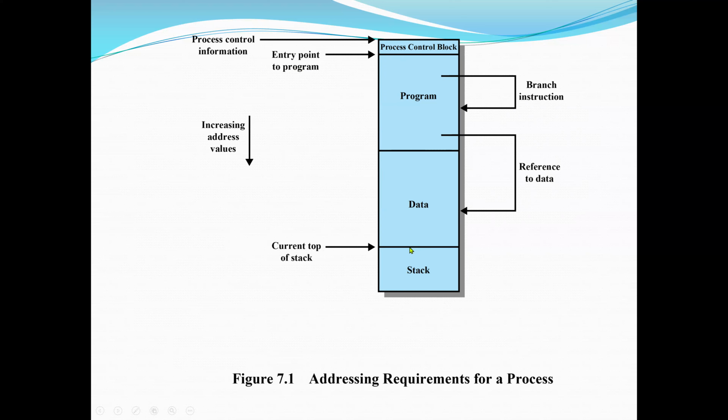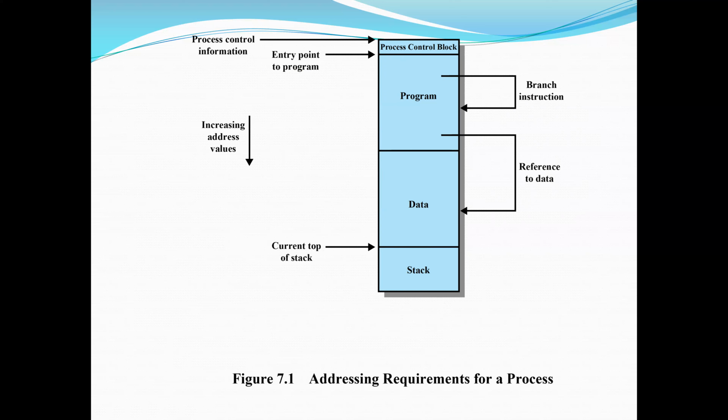Because the operating system is managing memory and is responsible for bringing this process into main memory, these addresses are easy to come by. The processor must deal with memory references within the program. Branch instructions contain addresses to reference the instruction to be executed next.